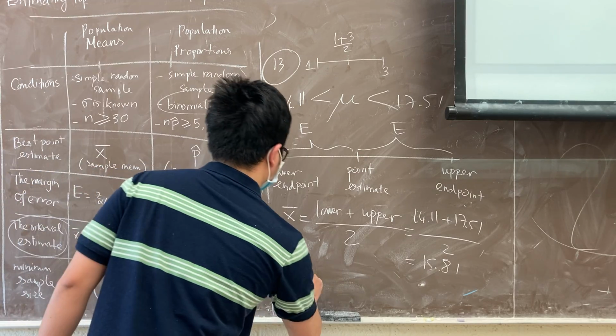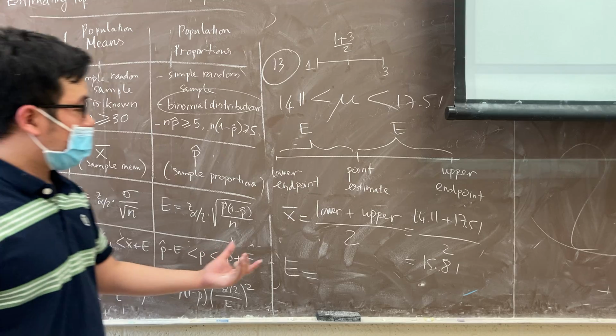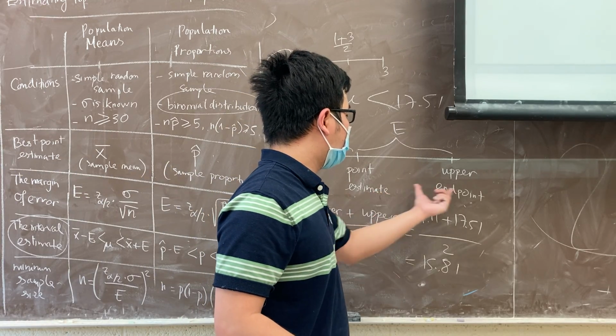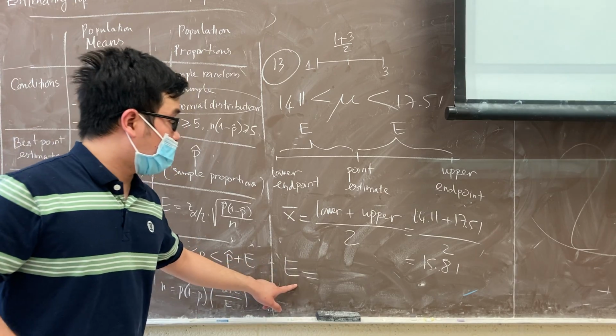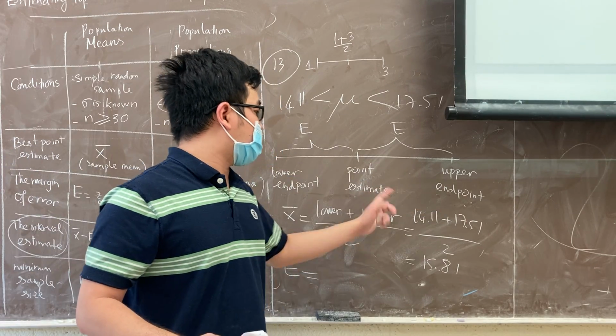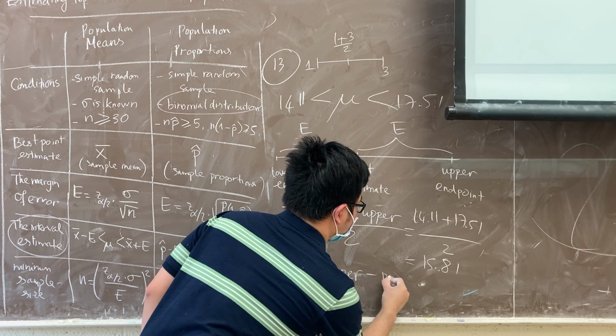And how do we calculate the margin of error here? The margin of error is the distance from the point estimate to the upper end point. That means the margin of error will be the upper end point minus the point estimate.